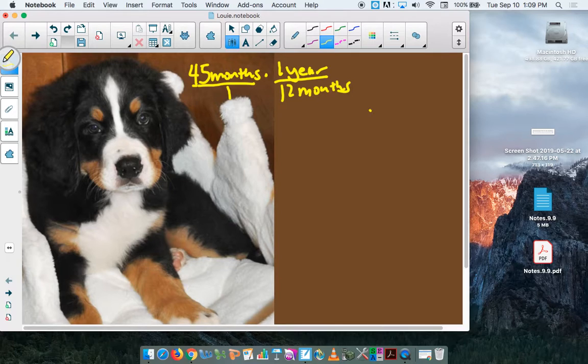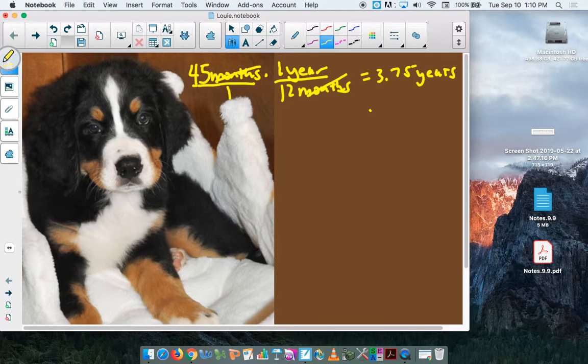So what I hand you, 45 months, you write on your paper, and then you start your conversions. What happens to the word months? It gets crossed out. It cancels out. And what word is left? Years. And so you'd say 45 divided by 12, on your calculator is fine. And so that converts into 3.75 years. Okay? All right, let's do the next one.